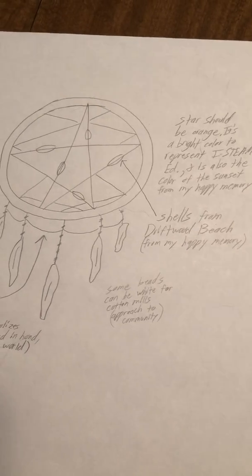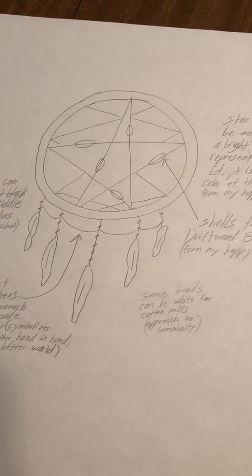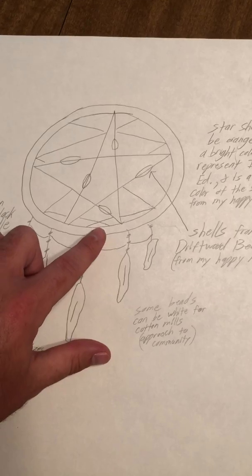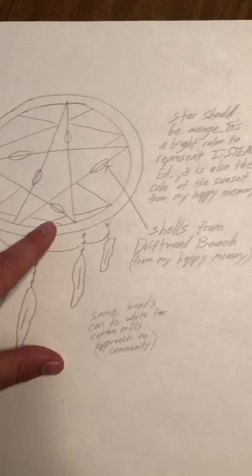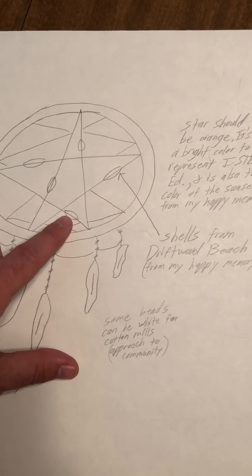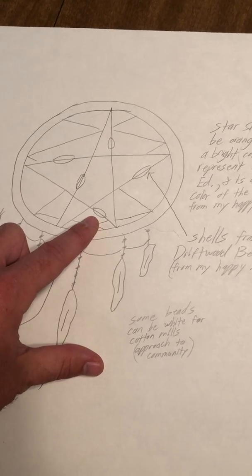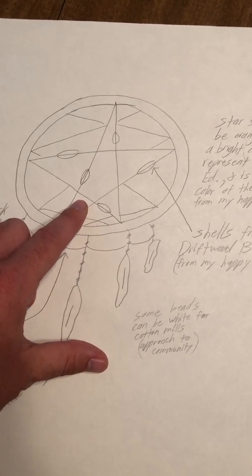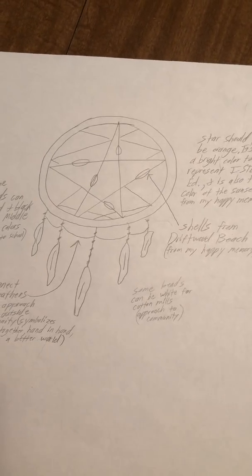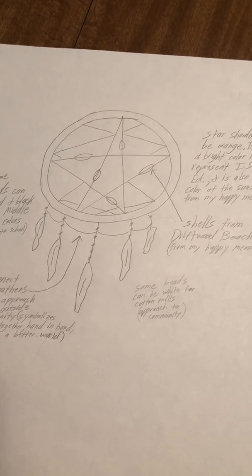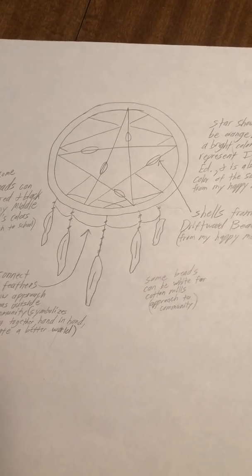For part of that, I have some shells from that beach, and so I thought maybe I could also use the shells from Driftwood Beach as part of my happy memory, and allow those to be interwoven in the yarn as well, just in case we wanted to link together an element from that sketch to our dream catcher.